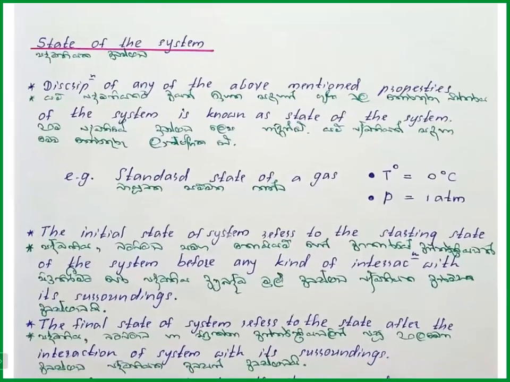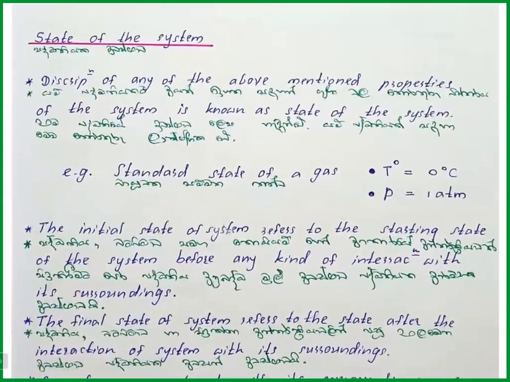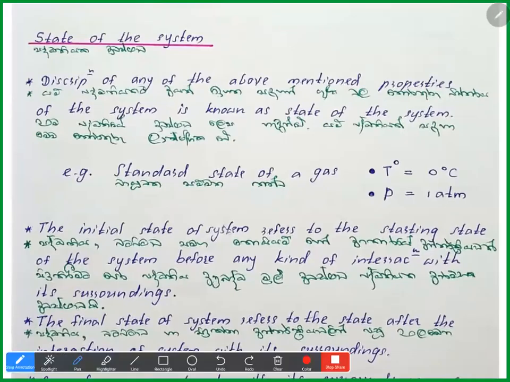Then if we use any of these qualities to explain a system, that is called the state of the system. Whatever property we are using to explain the system, that is called the state of the system.